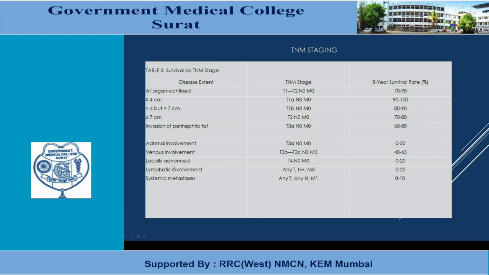Locally advanced, if it is involving the adjacent liver parenchyma, retroperitoneal fat and adjacent duodenum, then it is called T4. Lymphatic involvement and distant metastasis is M1. So for operability, CT scan is important to rule out how the tumor has spread for TNM staging.